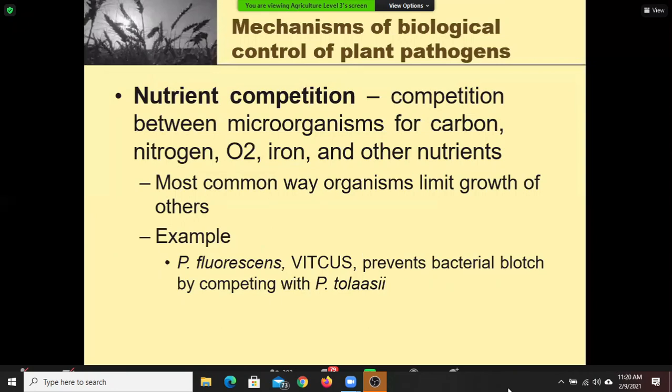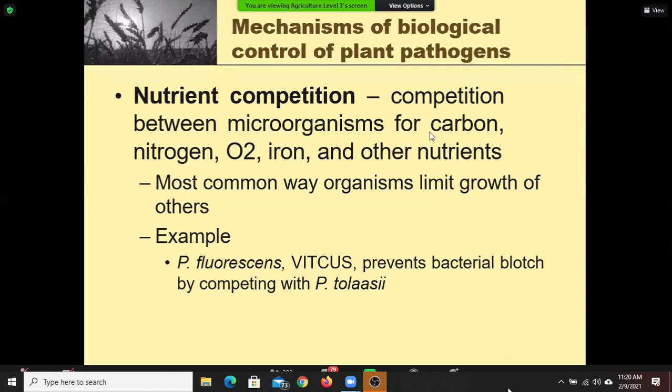There is another mechanism by which the biocontrol agent controls the harmful microorganism or pathogen, that is nutrient competition. So the biocontrol agent competes with the pathogen for a wide range of nutrients, you know, carbon, nitrogen, oxygen, iron, and other nutrients.